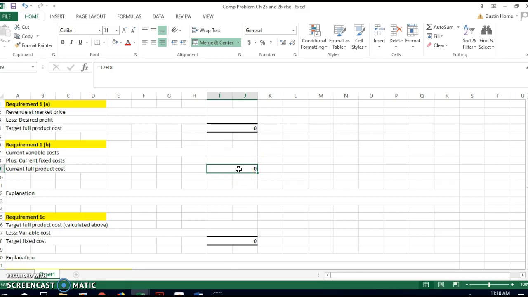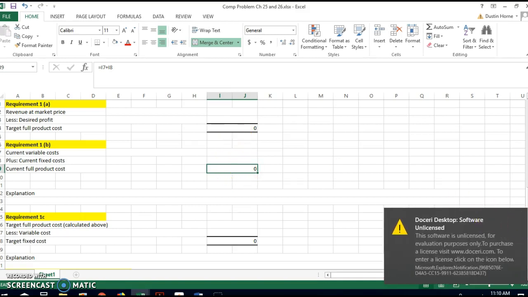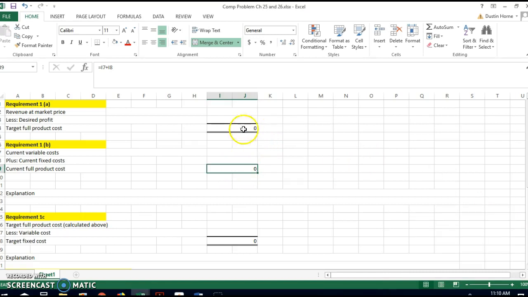Now, if your actual current full product costs are more than your target full product cost, then we are not going to be able to achieve our desired profit. Our full product cost needs to either be equal to our target cost or less than our target cost, okay?